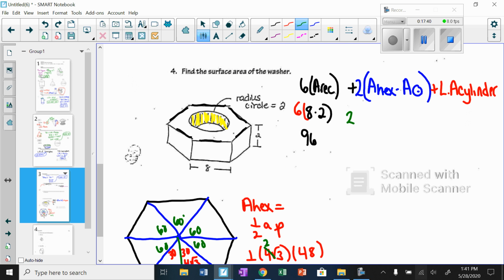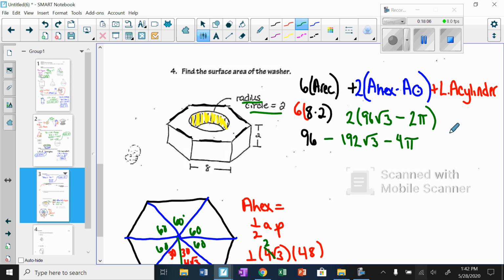So we're going to do 2 times 96 root 3 minus the area of the circle. Well, it says here the radius is 2, right? Since the radius is 2, we're just going to do pi r squared. So that's going to be 4 pi. Distribute that 2 in. We're going to have 192 root 3 minus 4 pi.